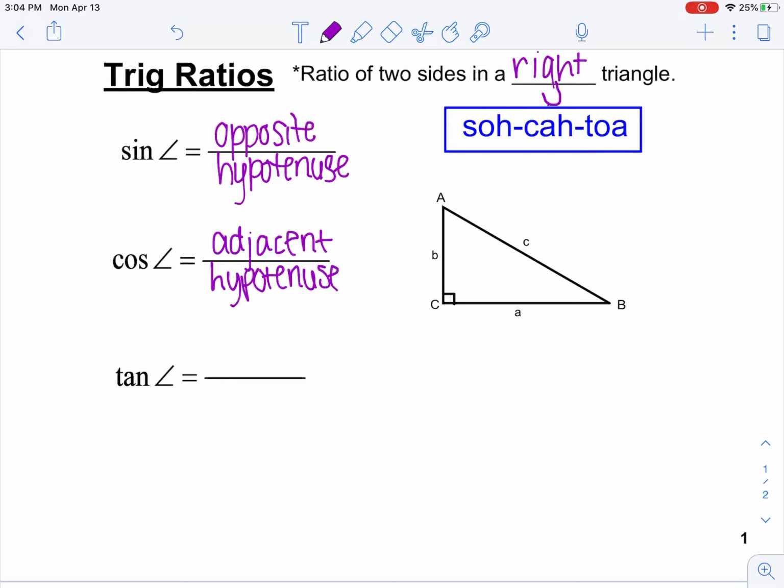Lastly, we have tangent, which is represented by this part, TOA, T-O-A. So the O represents opposite and the A represents adjacent. So we have tangent of our angle equals the opposite side divided by the adjacent side.